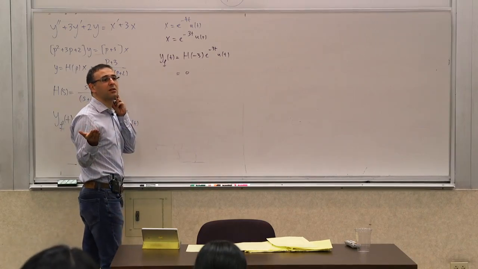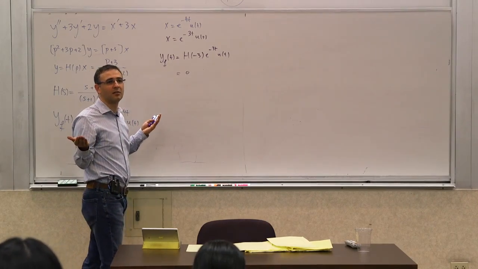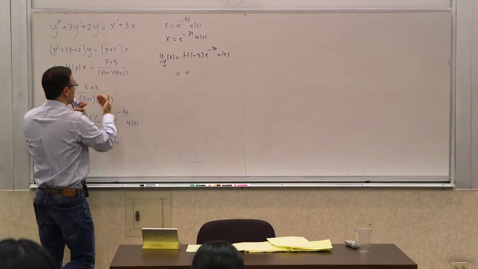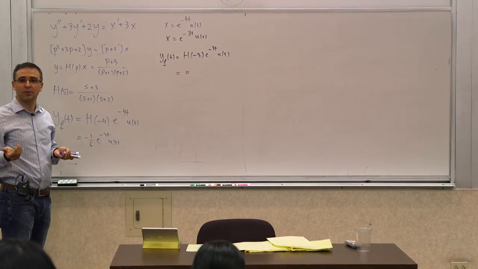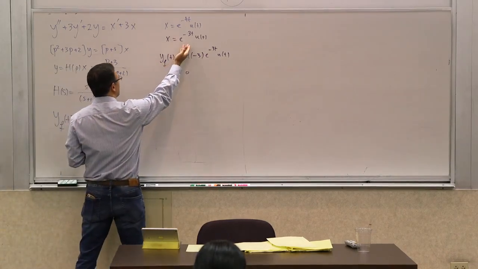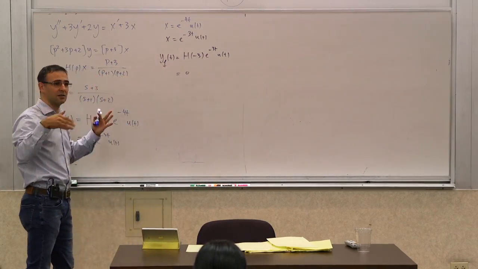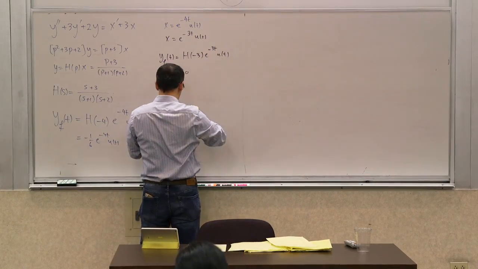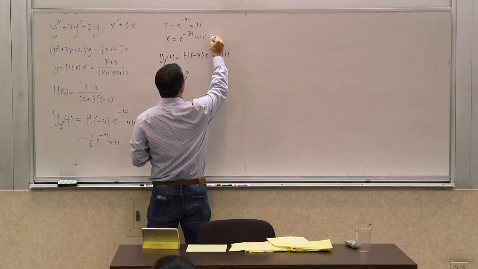So if I ask you what is the response of the system, how do we calculate it? If this is the input and this is the system, from the catalog perspective, what does this correspond to? What is the x of p associated with this?